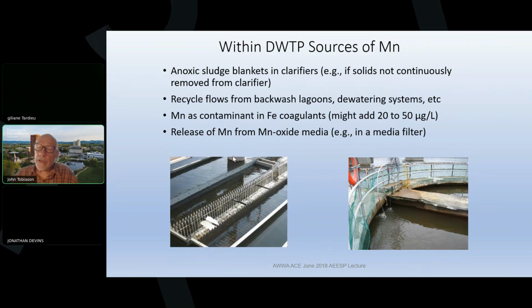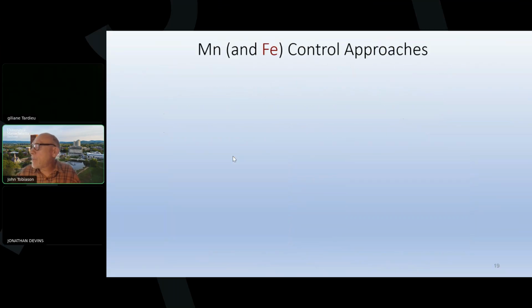And unfortunately, the coagulant that is sometimes used, ferric chloride, has often had a co-contaminant of manganese, such that in some cases, some very notable ones, large ones, manganese all of it came from the iron coagulant and caused a problem for this system. And also we make use of, and you'll hear me talk about, manganese oxide coated media to remove manganese. And if you don't keep oxidative conditions across that media, it can release that manganese into solution.